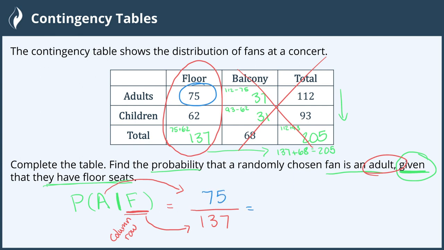Now we can plug that into our calculator, which gives us 0.5474, and it keeps going. Let's go ahead and round this to the second decimal place. The 7 is above 5, so this rounds to 0.55. And now we've completed our contingency table and our conditional probability, and we're all done.